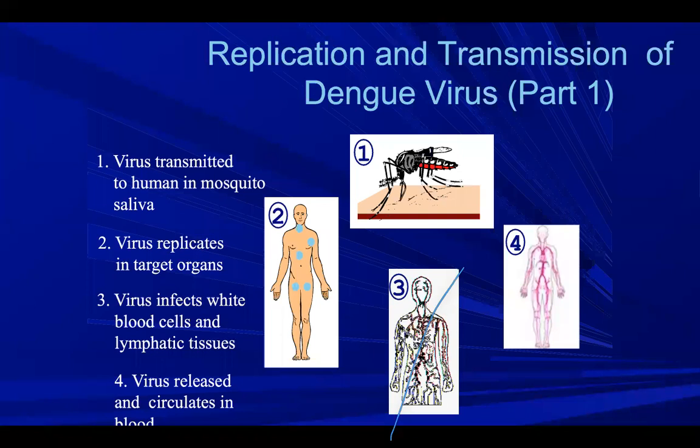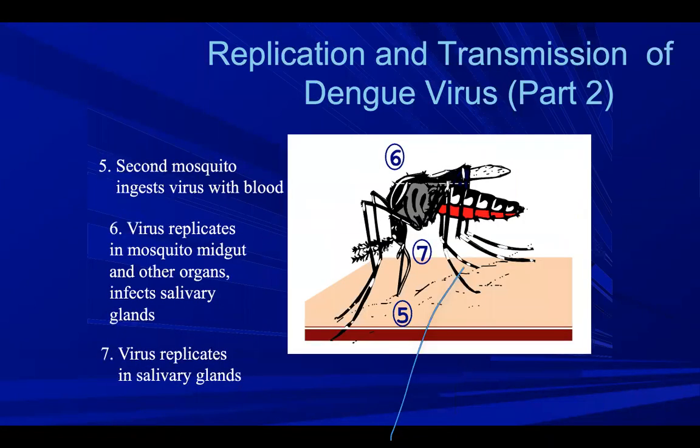So there are 4 steps in which it replicates. Further, five, the mosquito ingests the virus with blood. Six, the virus replicates in the mosquito midgut and other organs, infects the salivary glands, and then the virus replicates in the salivary glands.